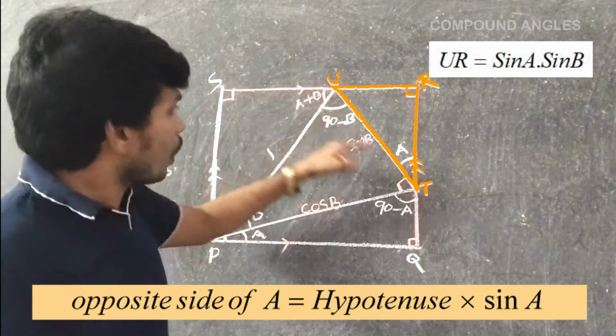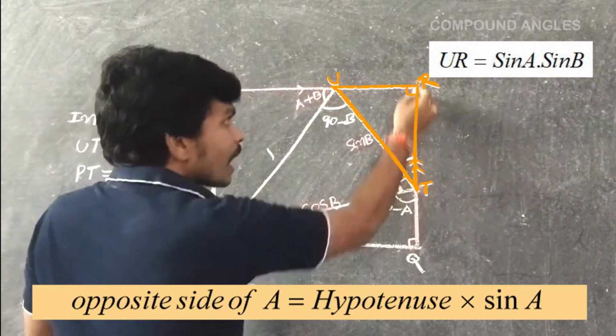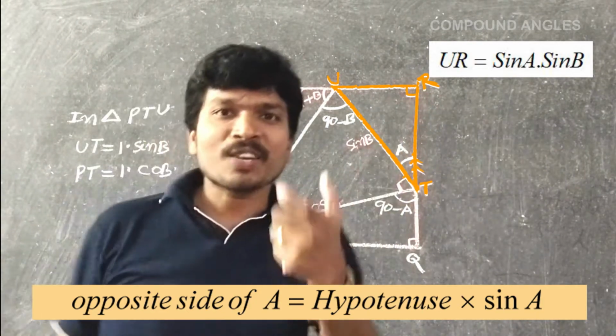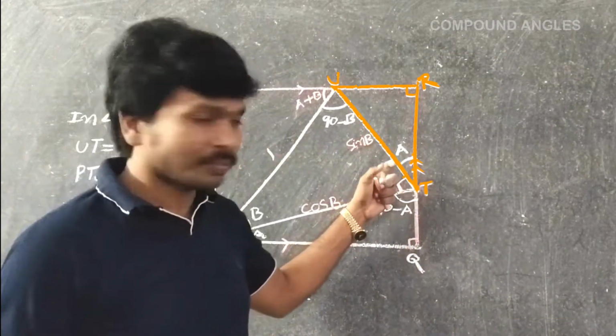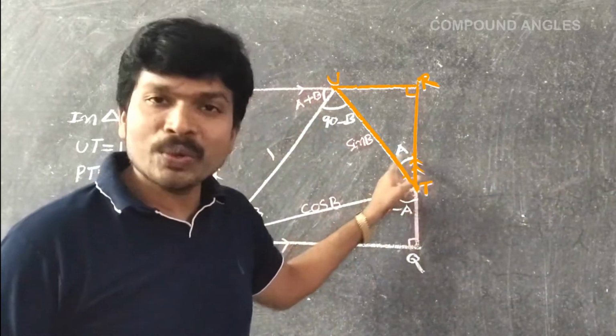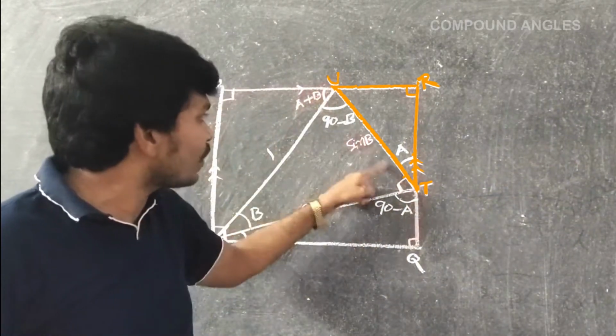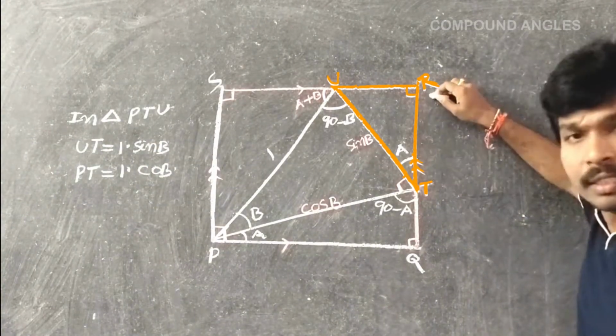And again, observe the adjacent side of angle A. See, RT is the adjacent side. What is the formula for adjacent side? Adjacent side is equal to hypotenuse into cos A. What is the hypotenuse value? Sine B. Can you say what is the value of RT?